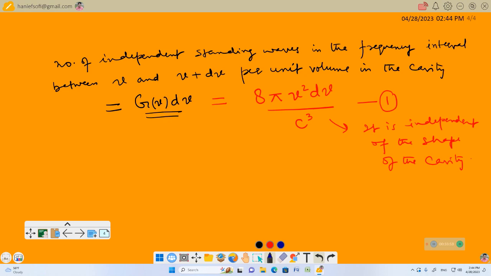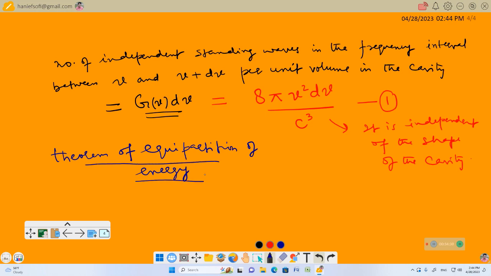Then they used the idea of classical physics, which is called the theorem of equipartition of energy, or equipartition energy theorem.